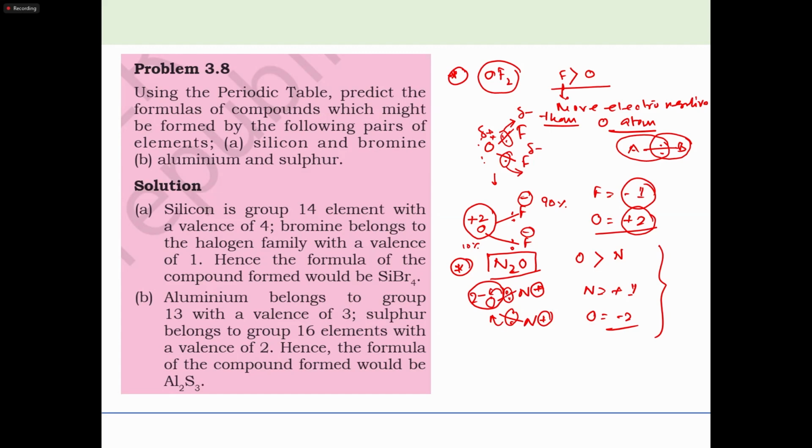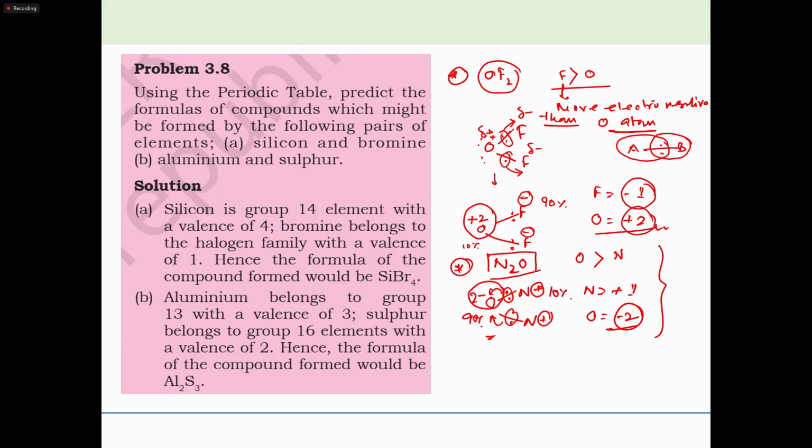That's why the bonded electrons are closer to the oxygen. Suppose it is shared 90% by oxygen and 10% by nitrogen. When the greater electron density is shared by the oxygen, we have to put the negative sign. That's why here the oxygen has the valency minus 2, but there the oxygen has the valency plus 2. So in this way, you have to calculate what the valency of an element in a compound will be.